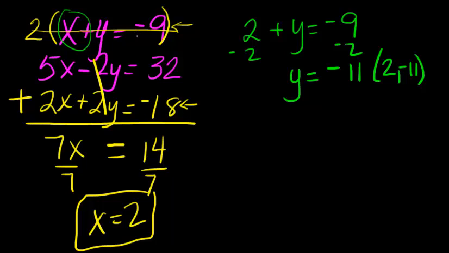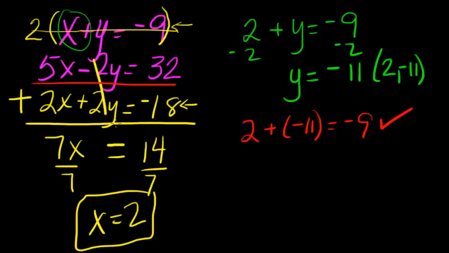And if you go back to this equation here and plug that in, if you want to check your work, you would have 2 plus negative 11 equals negative 9, and that is true. I could also check it in this equation because remember, the solution to a system makes both equations true.